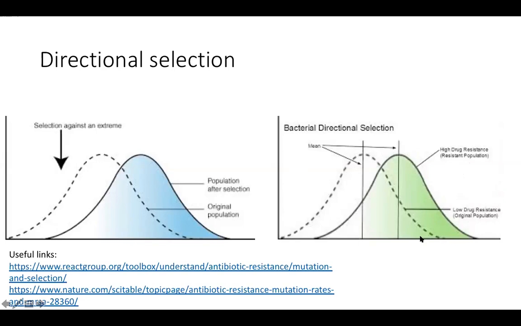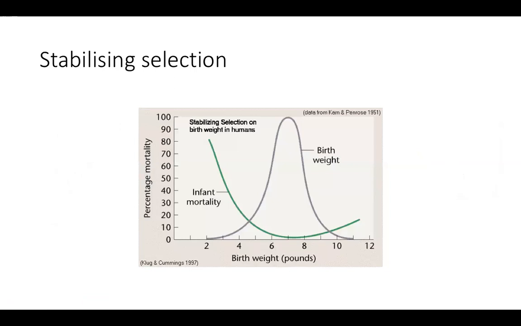Directional selection happens when the environment is changing. Stabilizing selection, however, selects for the mean. And stabilizing selection happens when the environment is not changing. So when the environment is stable.